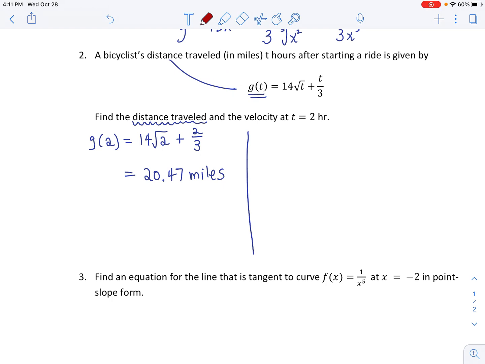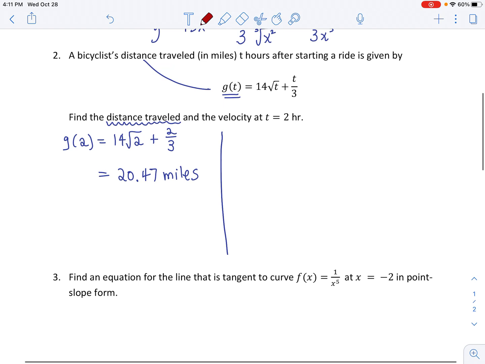The speed can vary at any given moment. So what they're asking is velocity at t equals 2. Velocity is like speed in a certain direction. How fast is this person going?